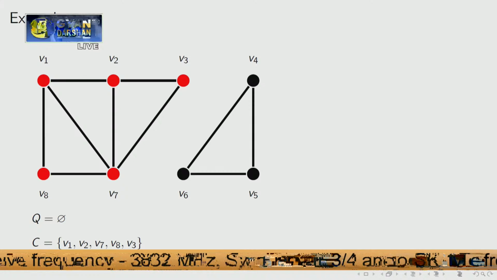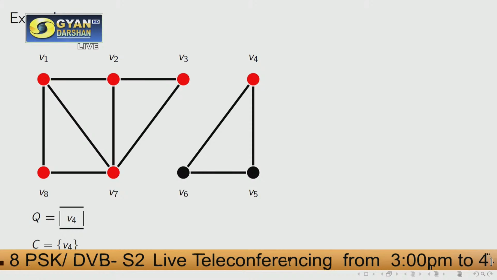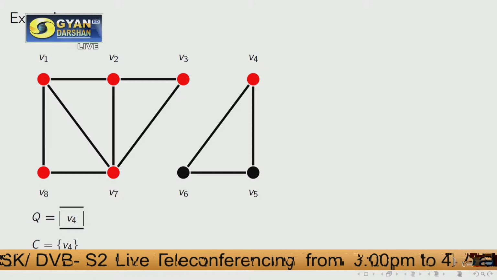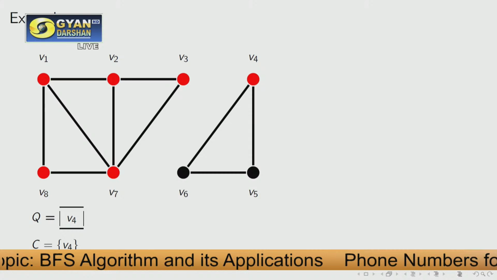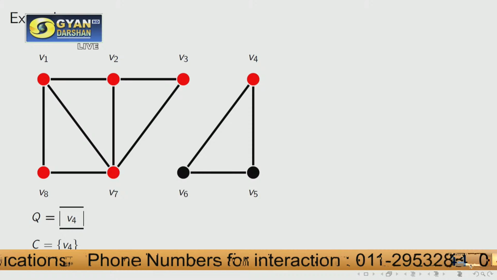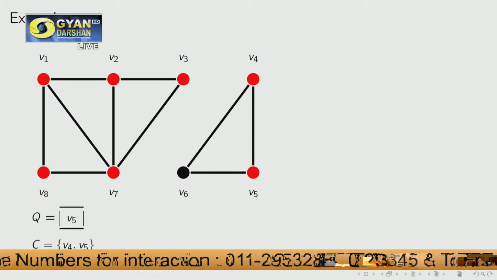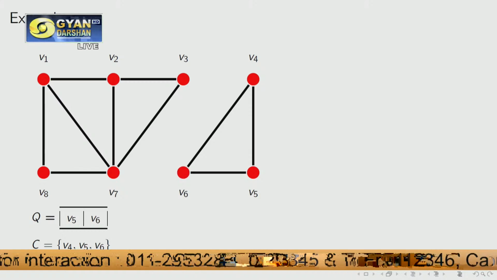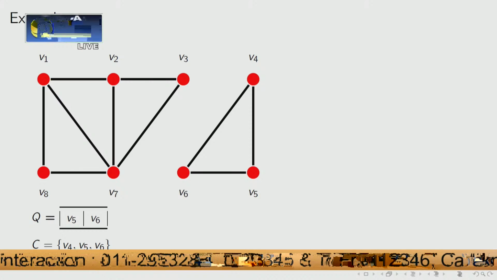For instance, we choose the vertex V4. So V4 is in Q and also in the new component C. We visit the vertices V5 and V6 as they are the only two unvisited neighbors of V4. V5 is added to Q and to C, and then V6 is added to Q as well as to C. Now all the neighbors of V4 have been visited, right?